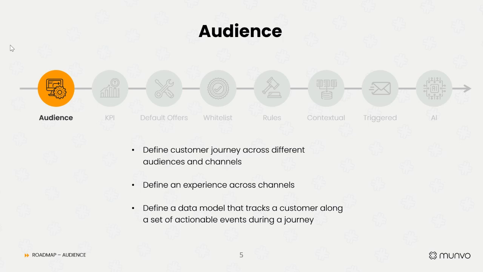Anyway, so within the audience framework, we're going to define the attributes that pertain to a customer, as well as the different experiences the customer can take across the different channels, as well as the different touch points and the different audience levels the customer could partake in, whether it be authenticated, member, or anonymous, right?